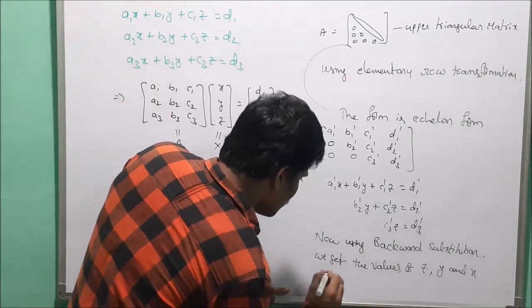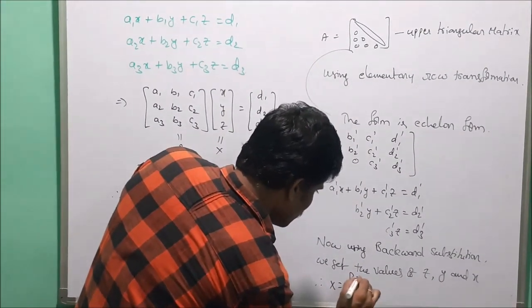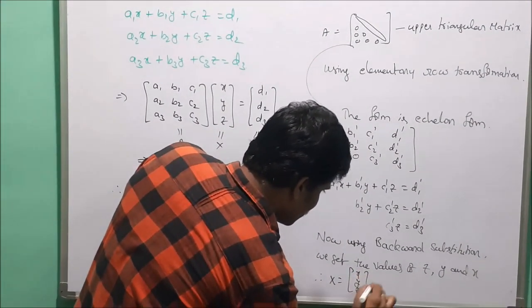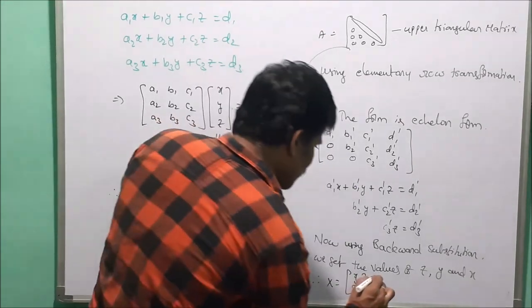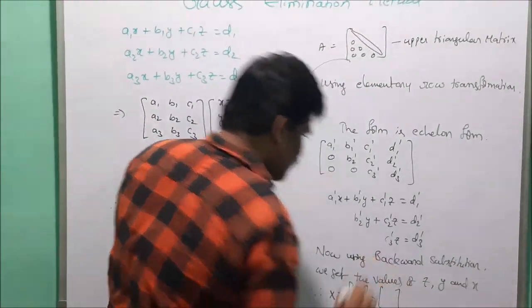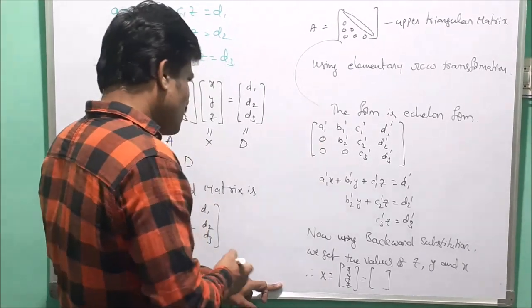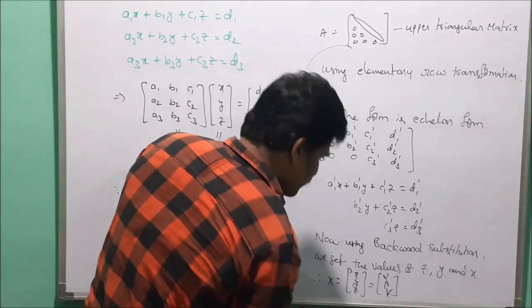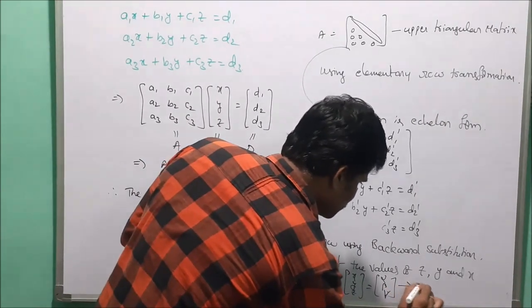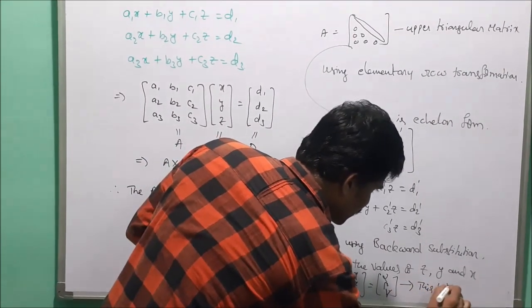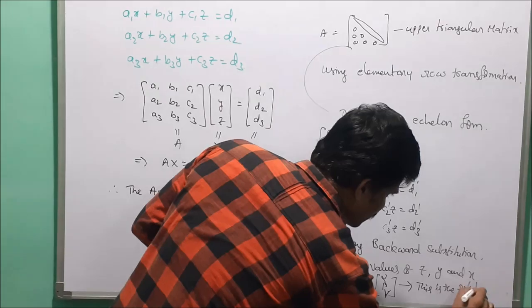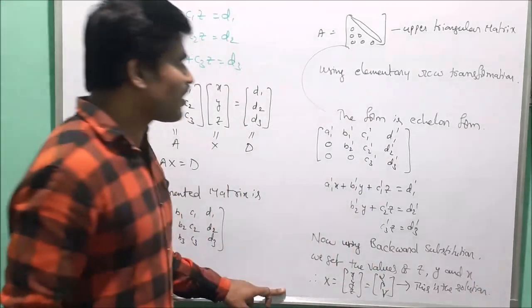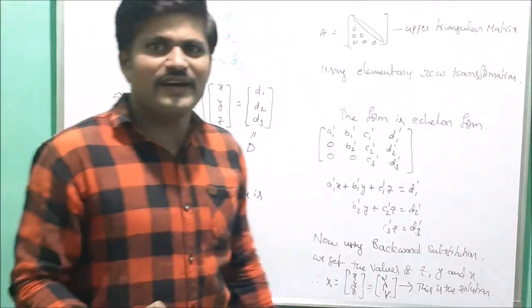Here the variable matrix x, y, z equals some values, for example alpha, beta, gamma. This is the solution.